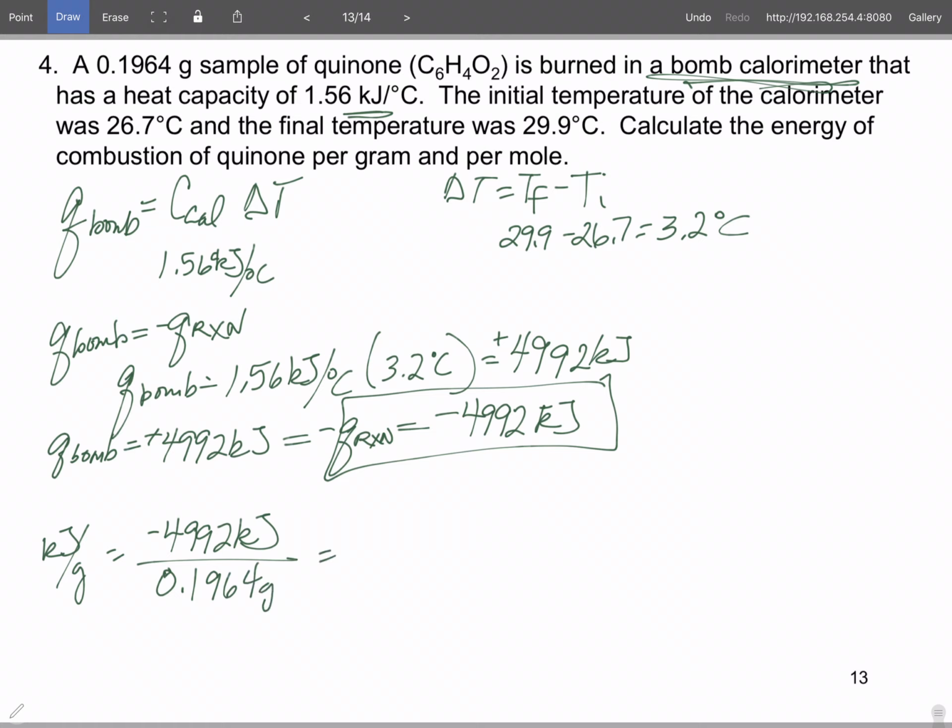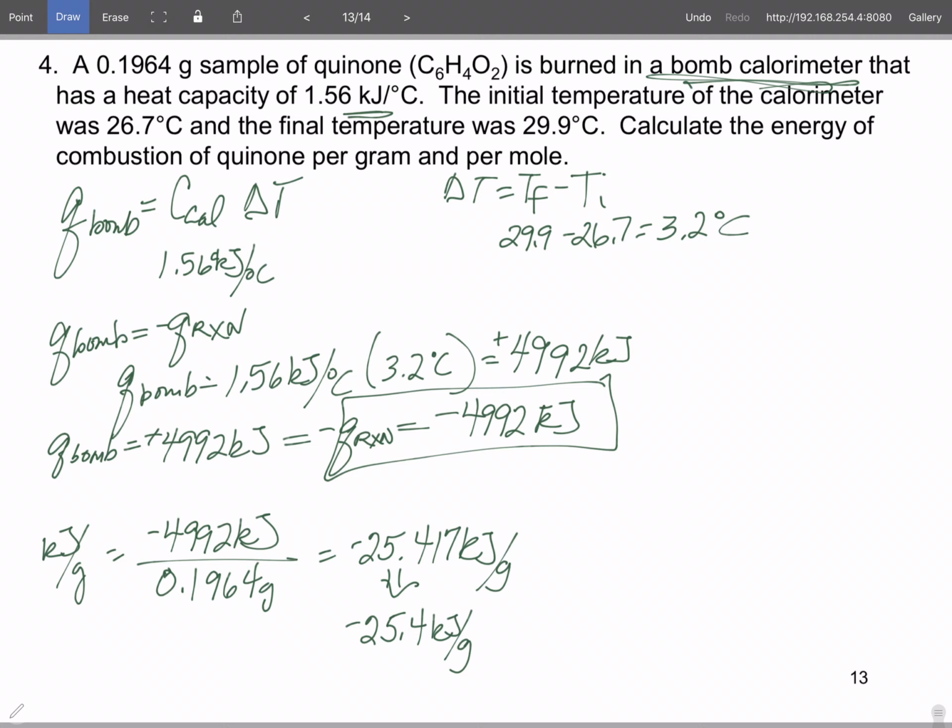So we do the math, and we get negative 25.417 kilojoules per gram. Now, I did not use significant figures here. Let's assume we're going to use 3. So at this point, we would be negative 5.4 kilojoules per gram.